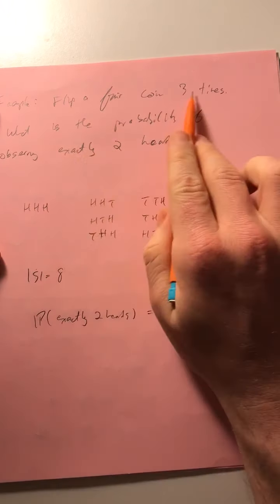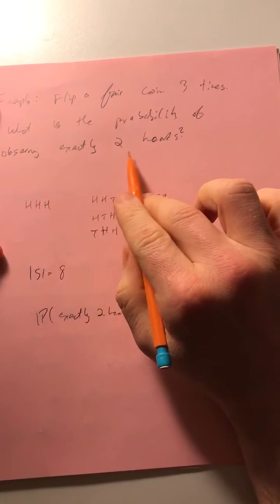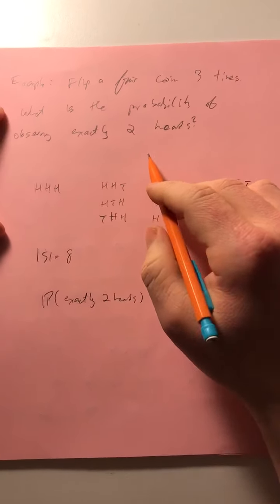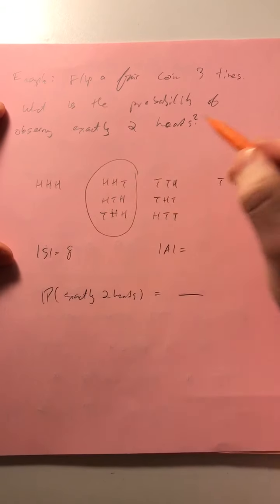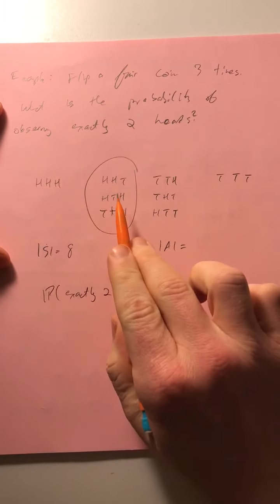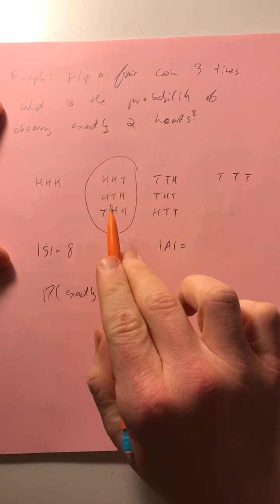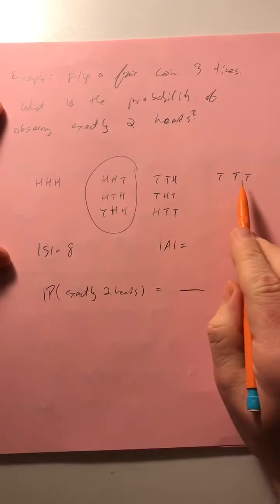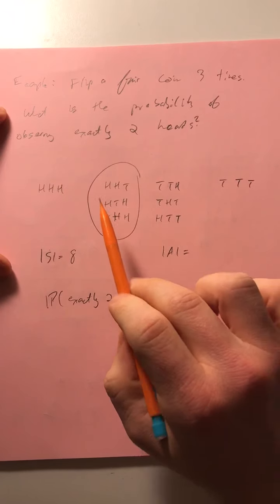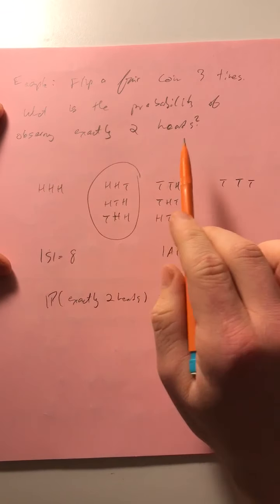Okay. And I want to know what's the probability of observing exactly 2 heads. So I want to look at the event consisting of outcomes where I have exactly 2 heads. Right? I've already made these things into columns. Okay, so here's 3 heads, 2 heads for these 3. Each of these 3 outcomes has 2 heads. And these are 1 head and then 0. Right? So the event in question consists of these 3 outcomes, because those are the 3 outcomes in which I observe exactly 2 heads.